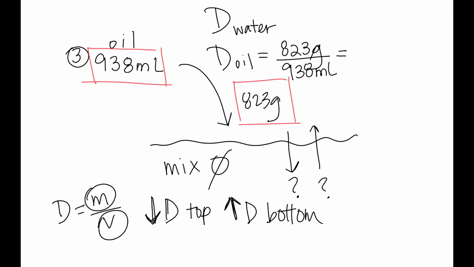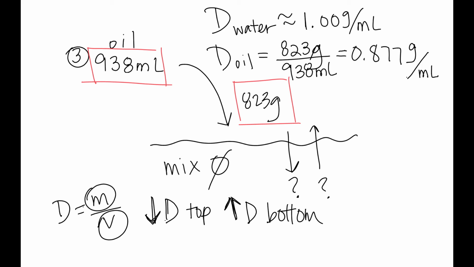Just keep that in mind. I will get 0.877 grams per milliliter. Now water has a density of about 1.00 grams per milliliter. You should know that. So I'll put a little star. You should know this for the exam. That means the oil will float. It'll go on the top because the density is low.